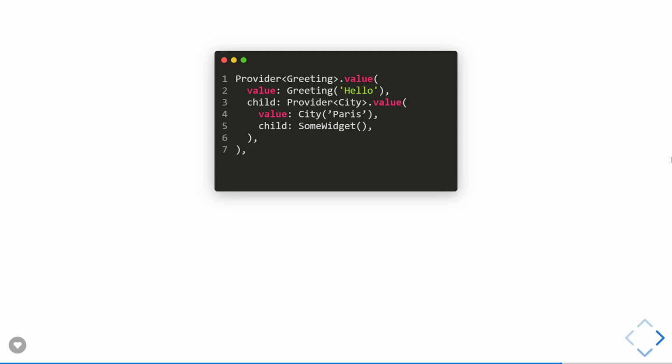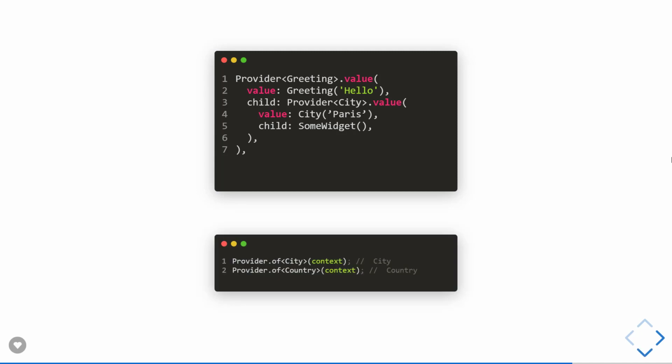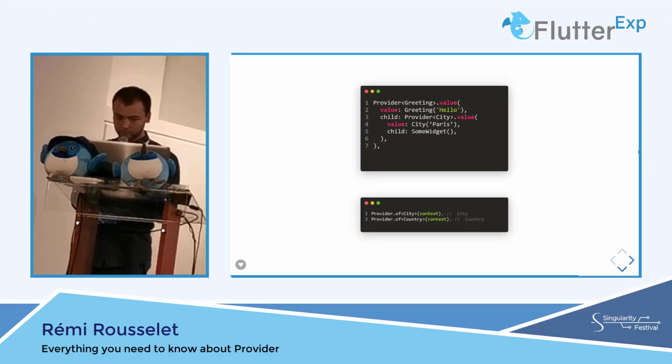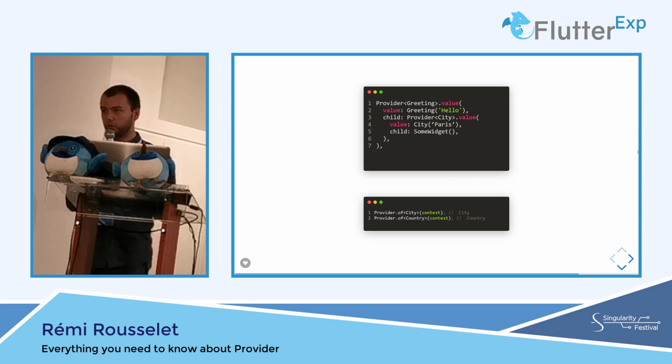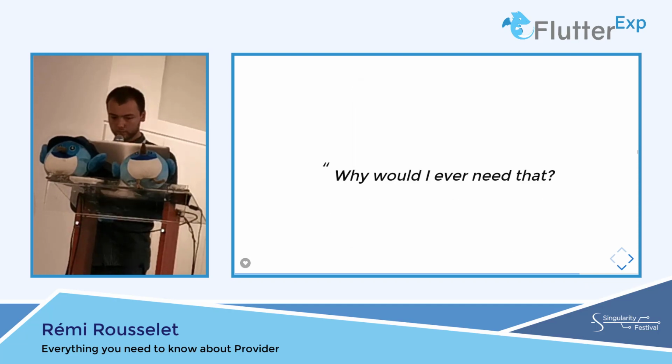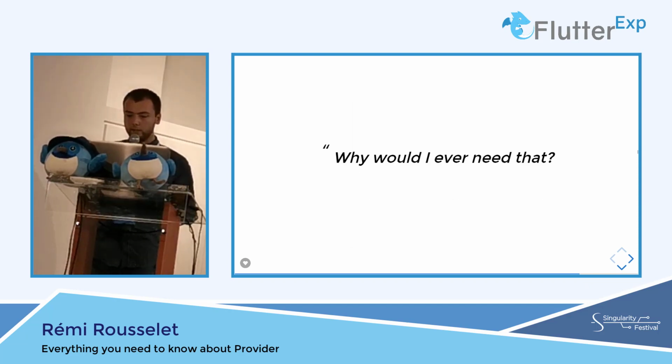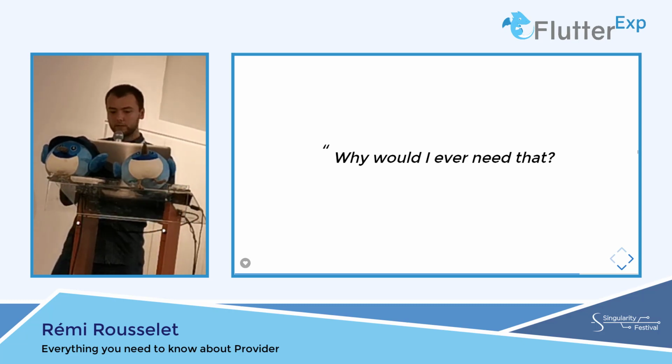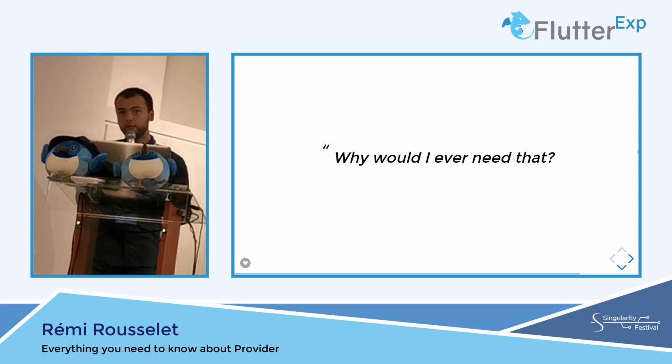Which means that instead of calling provider.of string, we will call provider.of city or provider.of greeting to obtain the 2 different values. And now we are correctly able to obtain both. But it kind of sounds complicated, doesn't it? But there is a very big use case for this.